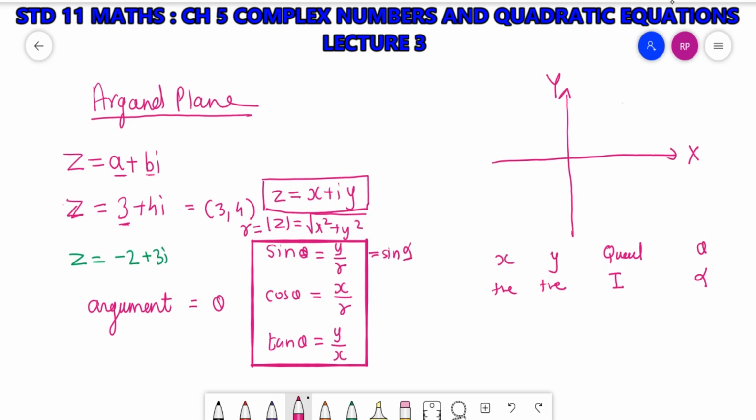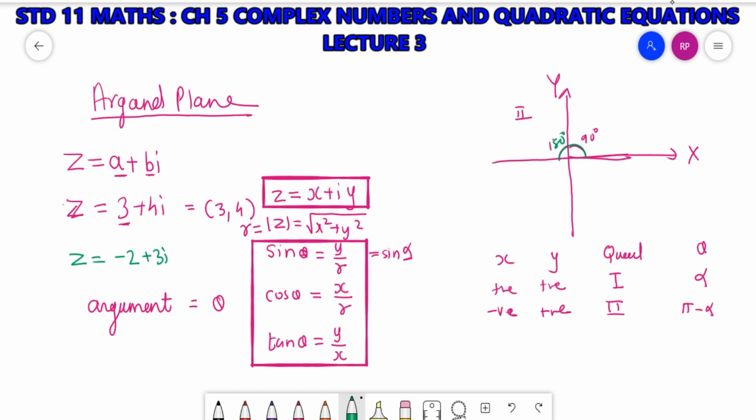Now this alpha belongs to the first quadrant. When x is negative, y is positive, that means it is in second quadrant. So at that time it will be pi minus alpha. Okay, this will be 0 degree, this will be 90 degree, pi, sorry, let me write down.